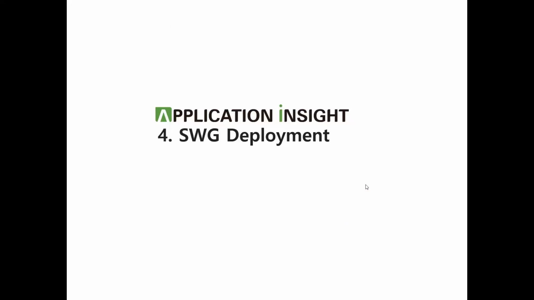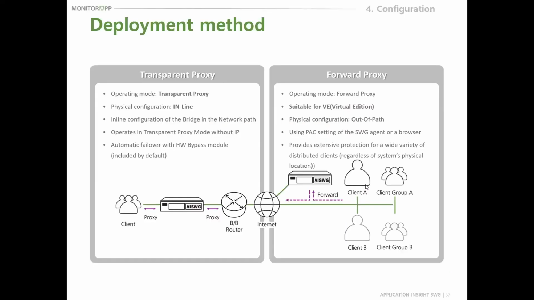So the last part is deployment. The most general case, if the SWG is an appliance, is to use it in transparent proxy mode. The advantage of this mode is, first, it's very easy to install and control. Also, there's no need to change the user's network or configuration because it's installed in transparent inline mode.